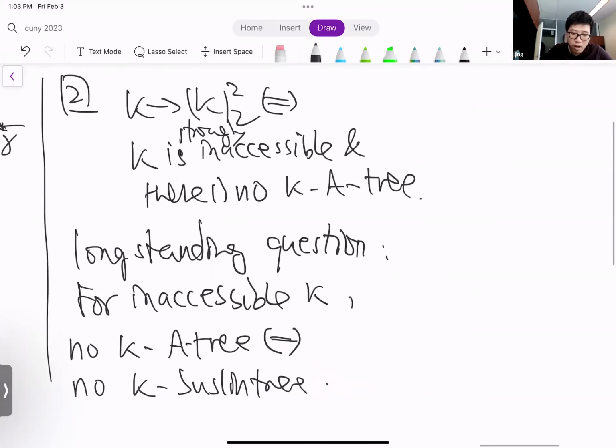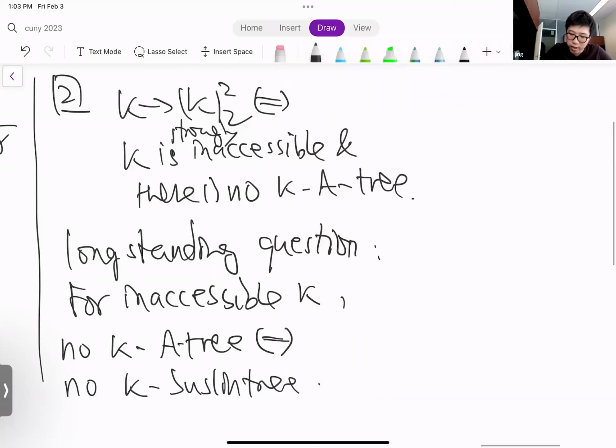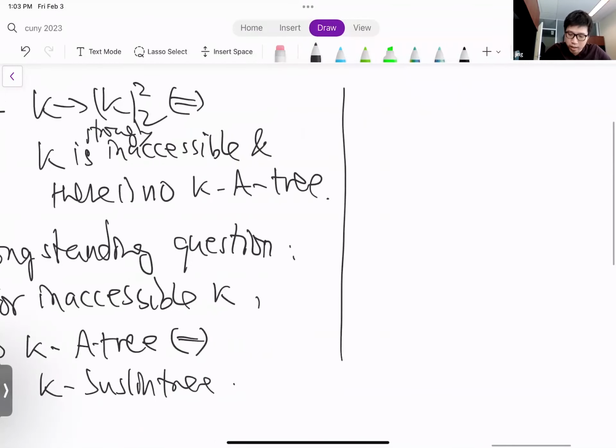But how is this connected to this family of weakenings of Ramsey's theorem that I'm talking about? It's a recent theorem of Komjáth and Shelah.